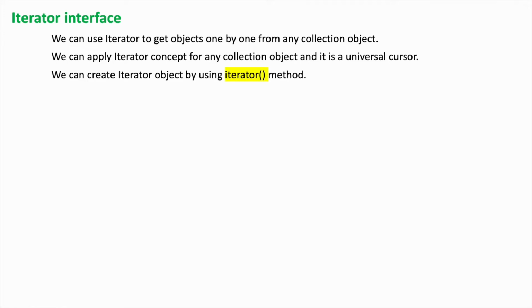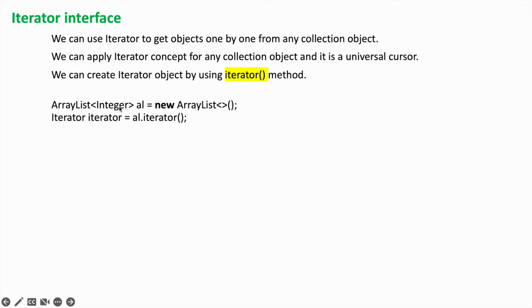We can create an iterator object by using the iterator method. In the earlier case, how did we create the enumeration object? By using the elements method. In the iterator interface, how can we create that iterator object? By using the iterator method. In every collection class, this iterator method will be available. So if you see here, ArrayList al is equal to new ArrayList, and iterator is equal to al dot iterator.